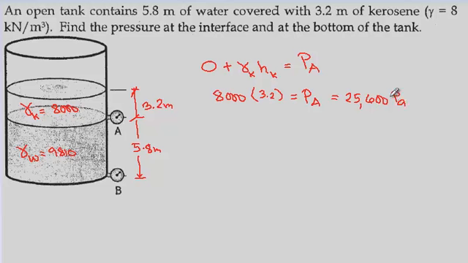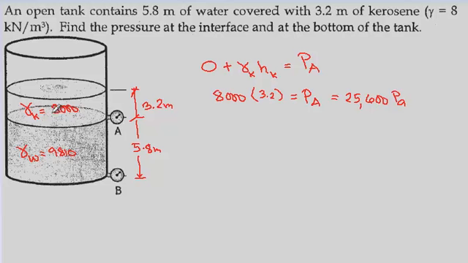Now, also we're looking for the pressure at the bottom of the tank. So what could be the pressure that will be read by the gauge here at the bottom of the tank? So how do we do that? Well, we could really start from the top. We know that the bottom has a lot of fluid above it, which is kerosene and the water. So it's really additive.